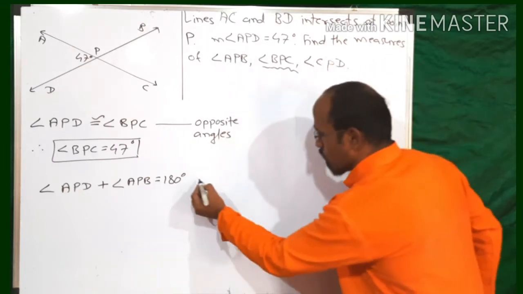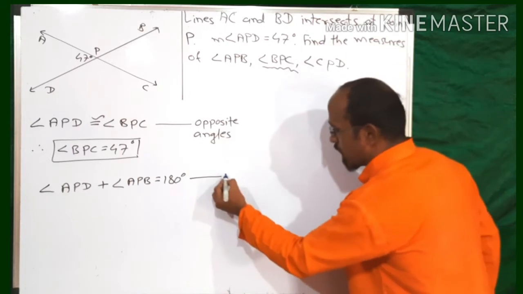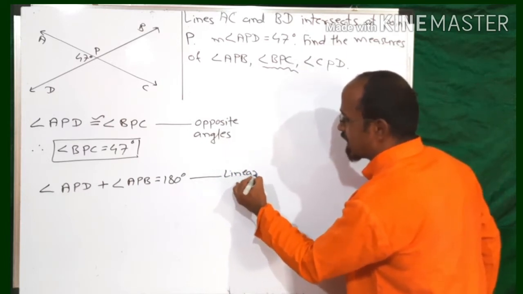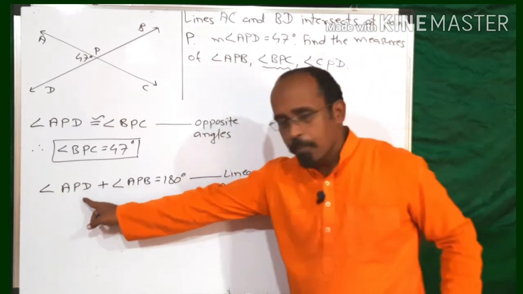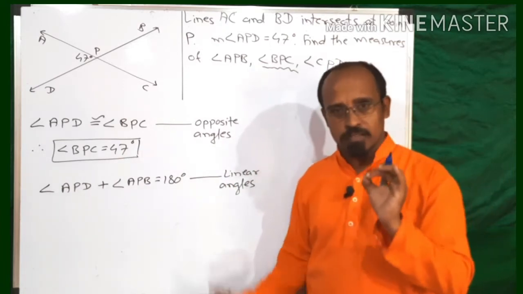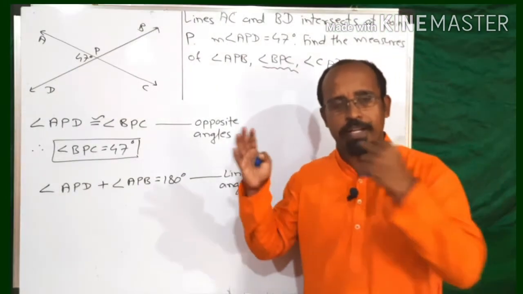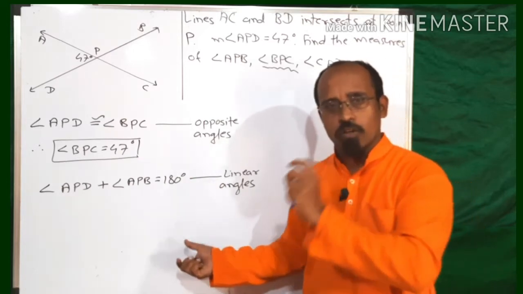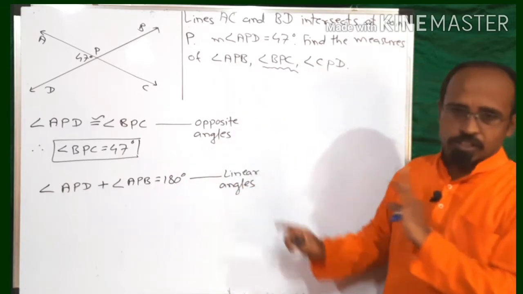We have to write that reason here by drawing a longer dash and then writing angles in linear pair, or similarly you can write linear angles. APD plus APB is equal to 180 degrees. Why? Because they are linear angles. This is the most important thing: please don't write any angle is congruent or any angle addition is 180 degrees without checking. Find out first, are they linear or not? Are they vertically opposite or not? So these two are linear angles, hence their addition is equal to 180 degrees.